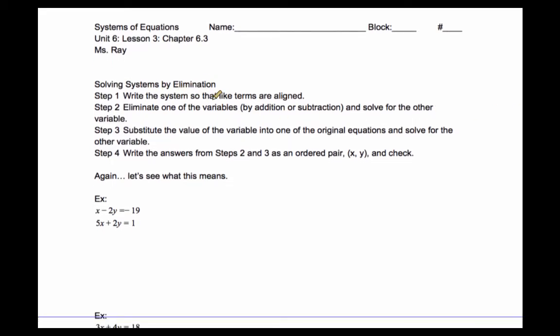So here are the steps. You're going to write the system so that the like terms are aligned, okay? If we think of standard form, when I write the two equations, they need to be lined up. So what does that mean? That means if I have an equation like this, then my other equation should also be written like that.